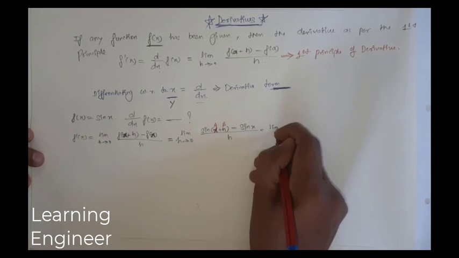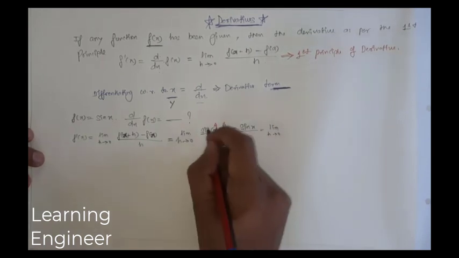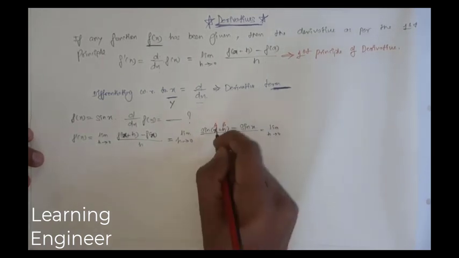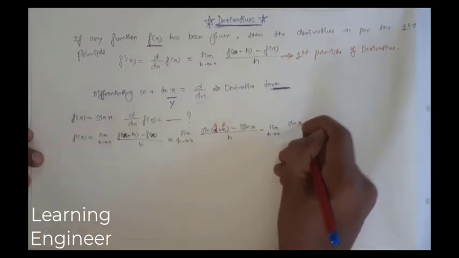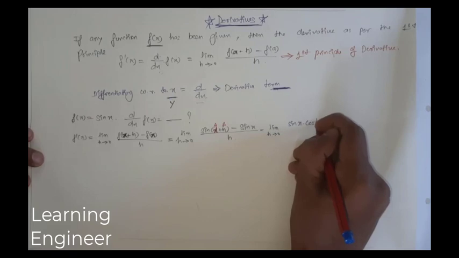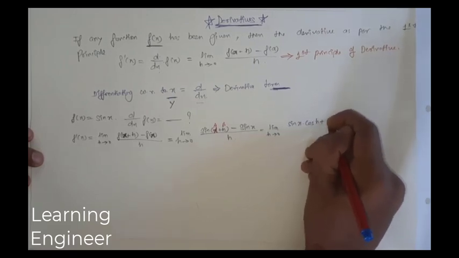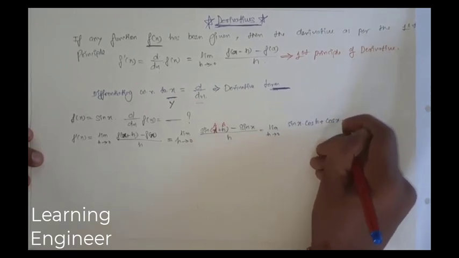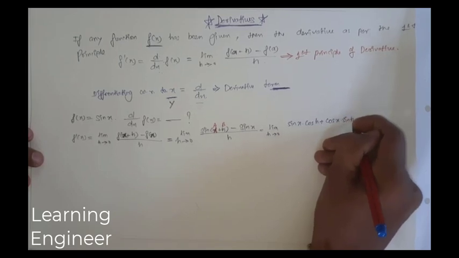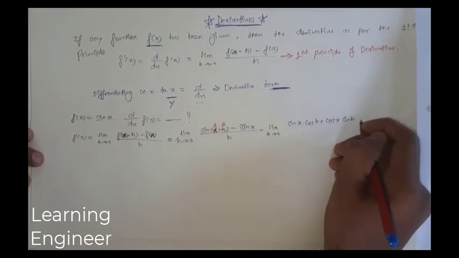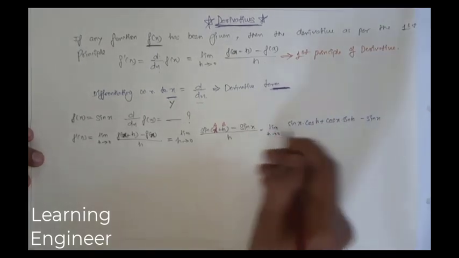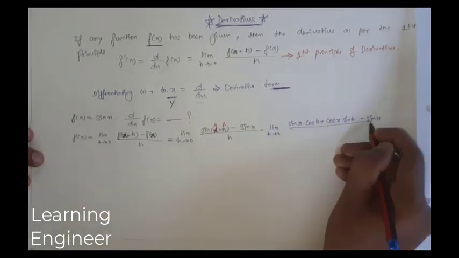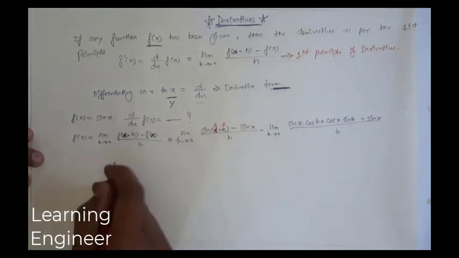Limit h tends to 0, applying sin a plus b: sin x into cos h plus cos x into sin h, whole minus sin x. This term will remain as it is, whole divided by h.